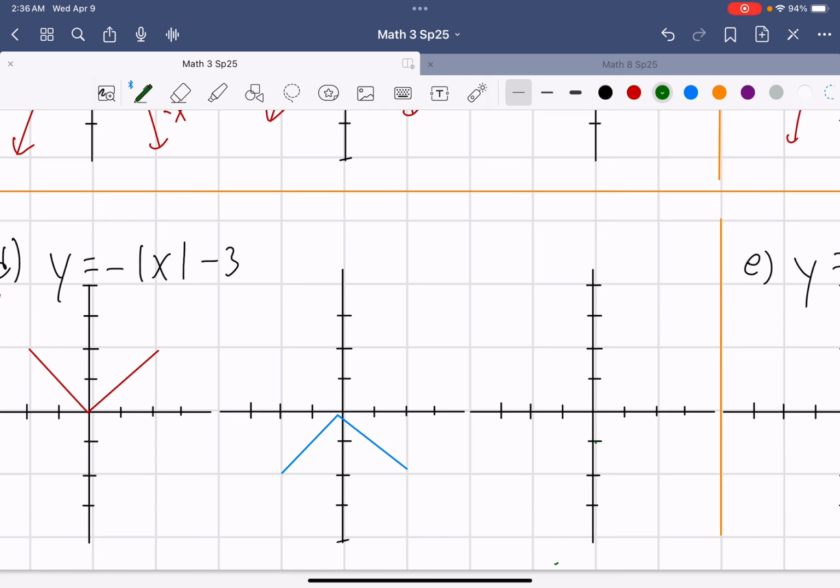So 1, 2, 3. It's going to come here. Here is my graph. So absolute value x is my parent function. The negative reflects it. And then the other negative brought it down by 3.